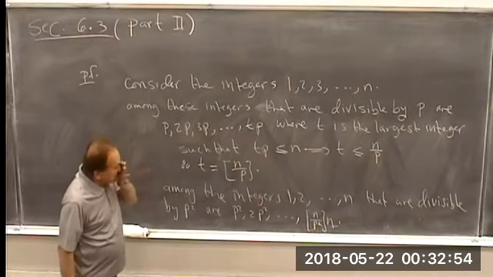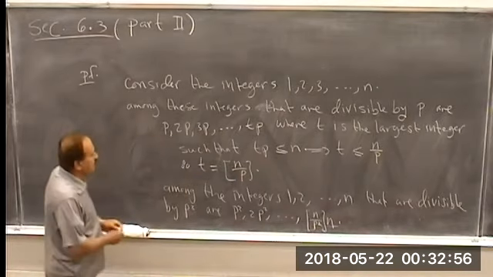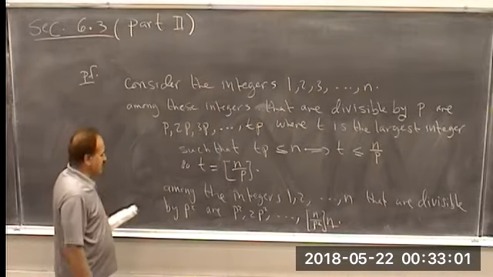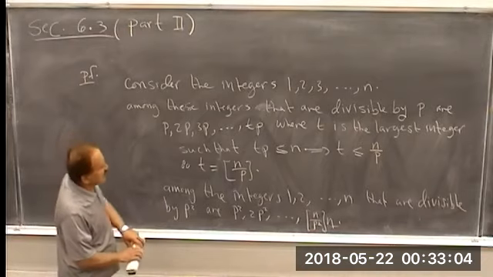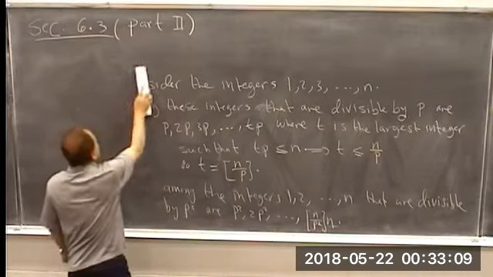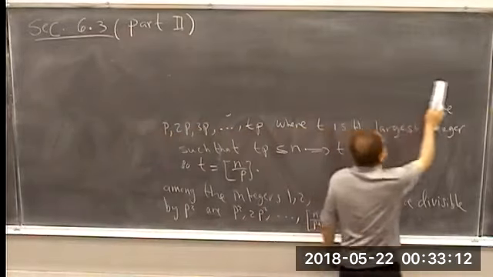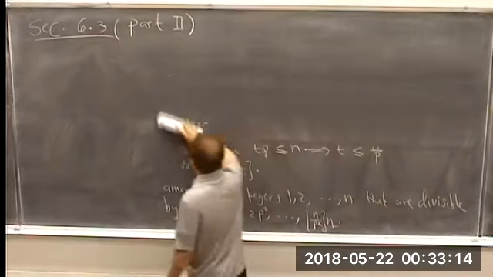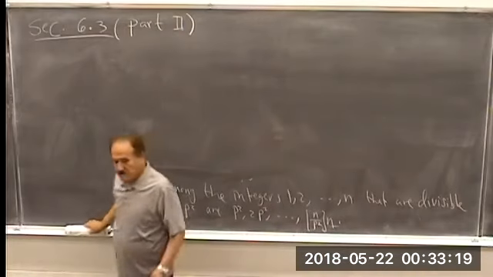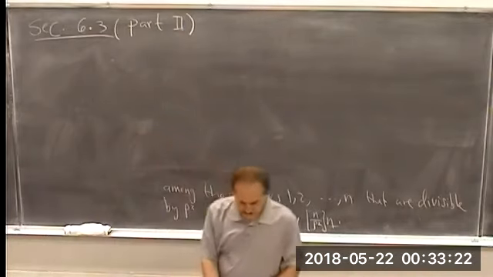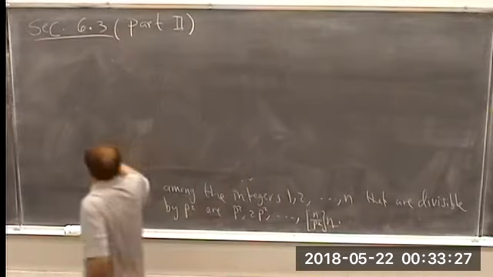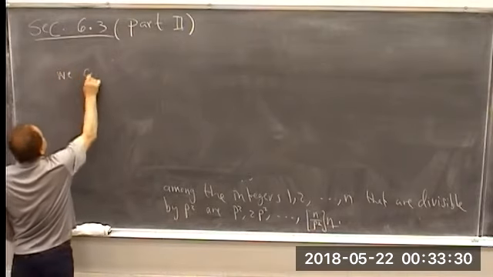The same argument applies. All right, and then we're going to look at the integers among these that are divisible by p to the third. And then we continue this process, and the highest exponent we obtain by adding all of this. Okay, so we continue this process.